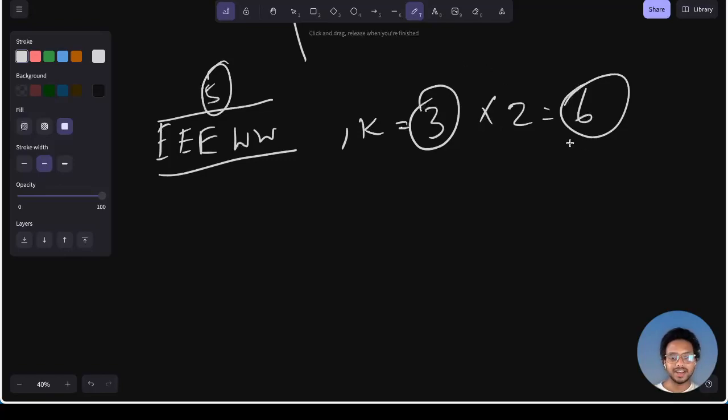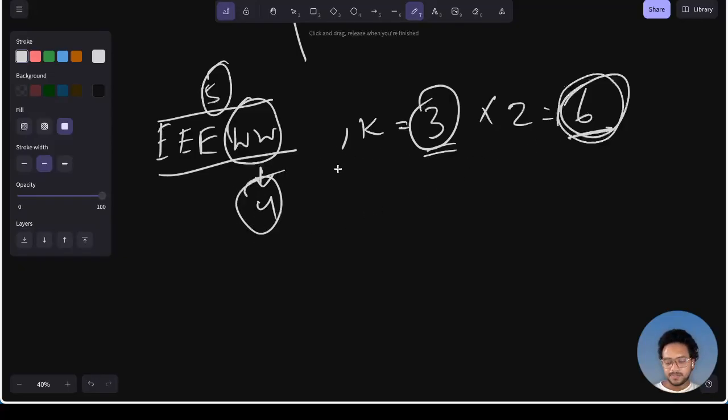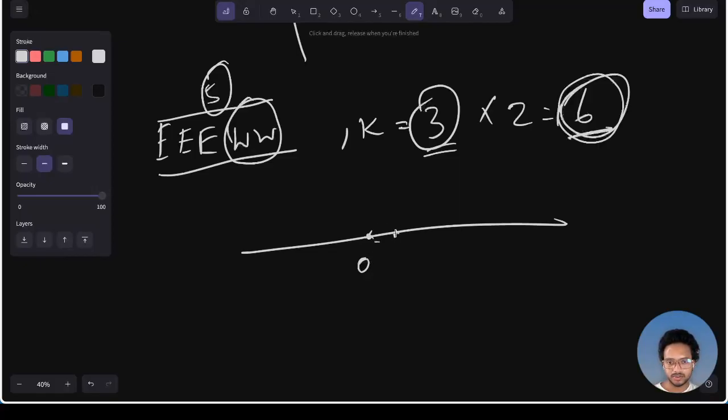We can't use the full value of k here. We can change a maximum of 2 values here, so you will use 4 here. If I show you again, 0, for east I'm going 1, 2, 3, and all you have to do is change the 2 values, so the maximum I can go is 5.